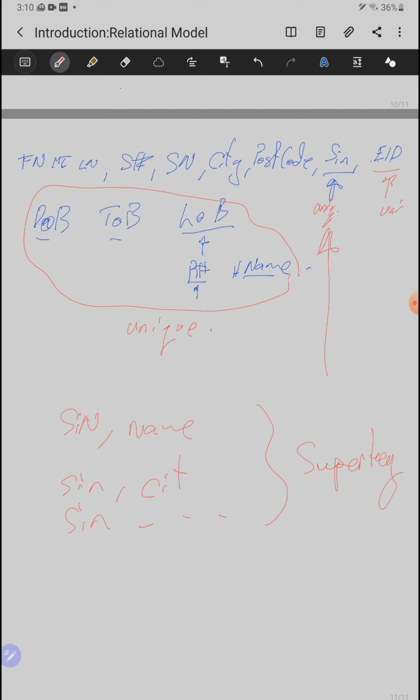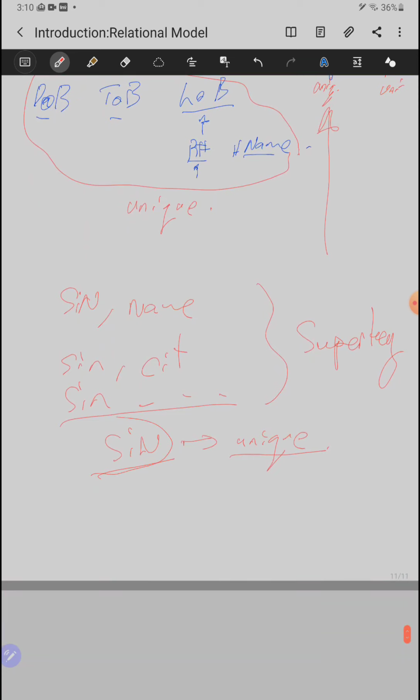Okay, and we can remove everything from them except SIN, and SIN, the social insurance number, is unique. You can't remove that down to nothing because you wouldn't have anything. So this is a candidate key. Employee ID is a candidate key.